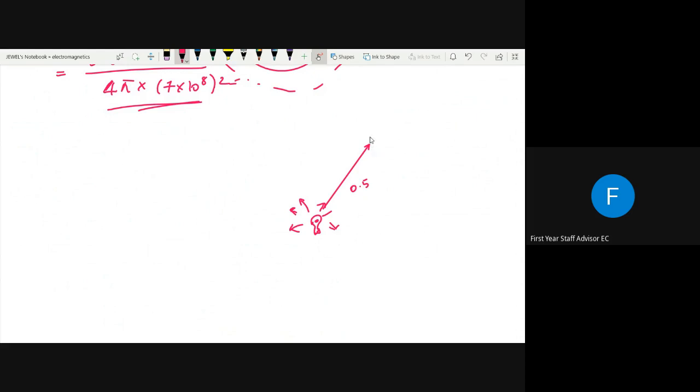So in order to find that, consider this as a point source of electromagnetic wave. That means this bulb is producing electromagnetic waves in all direction, or producing light in all direction. Or we can say this power of electromagnetic wave is emanating through, or it is propagating through every direction. So this is a point source.